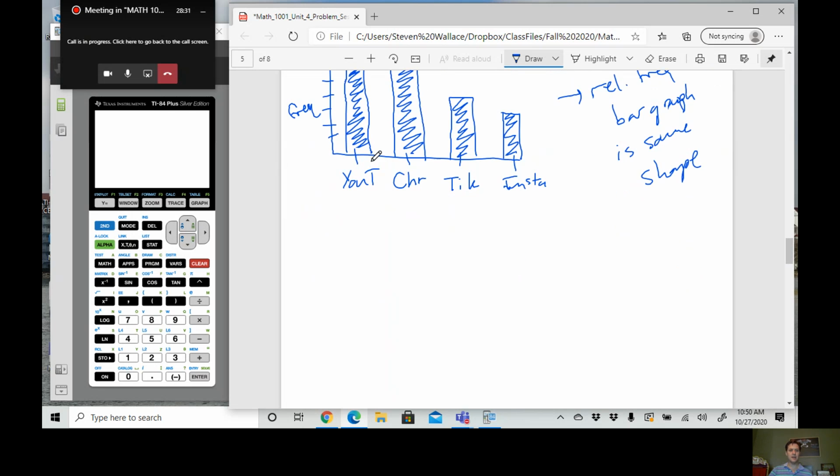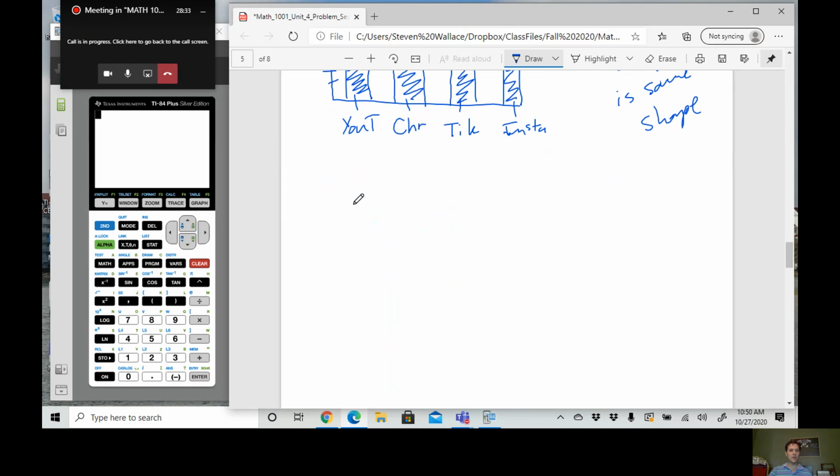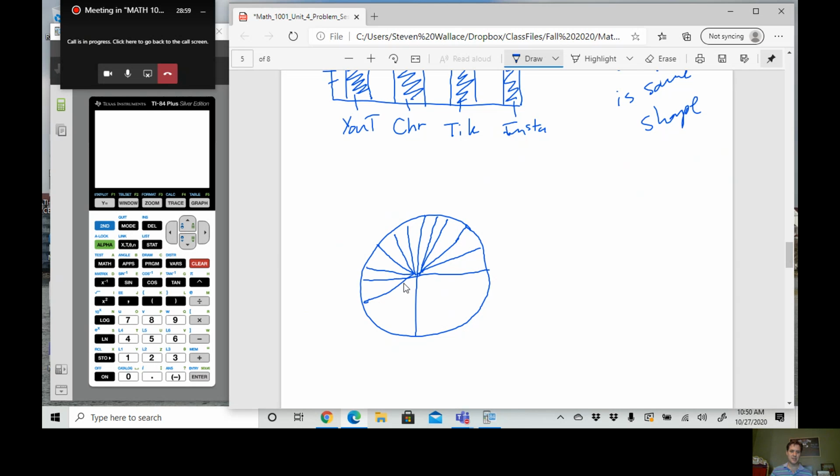On the other hand, if I want to make a pie chart, I have to use relative frequencies there. In this case, I'm going to break up my pie chart into 20 equal pieces.